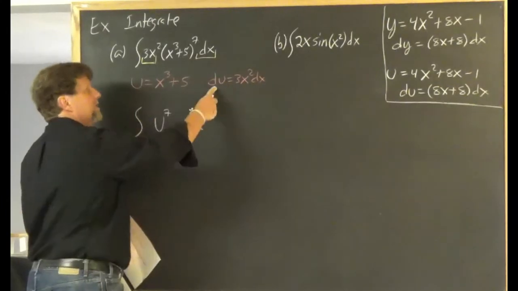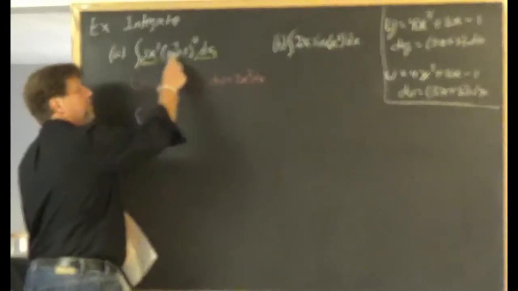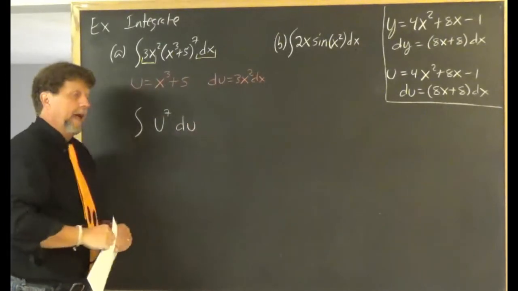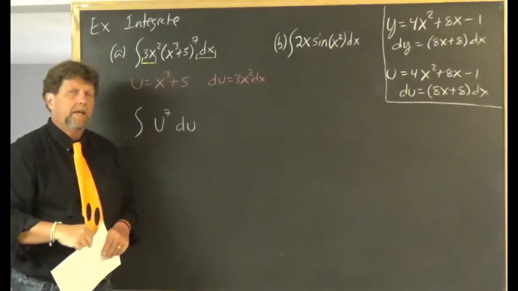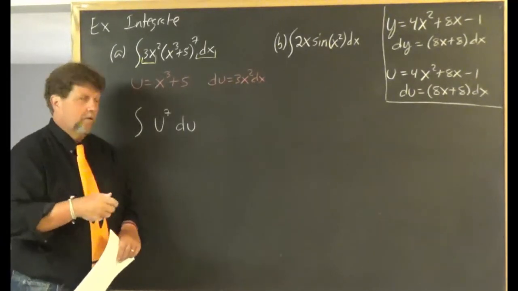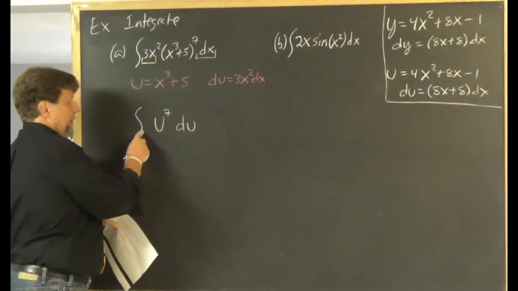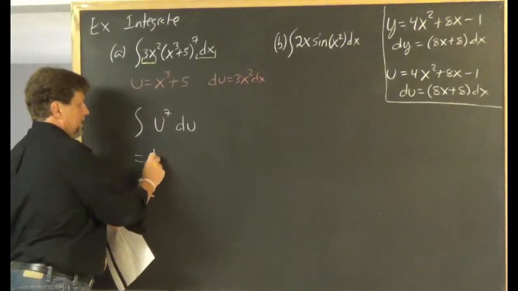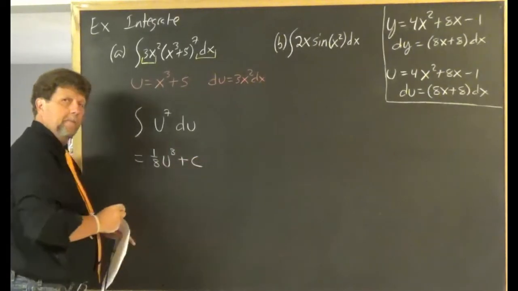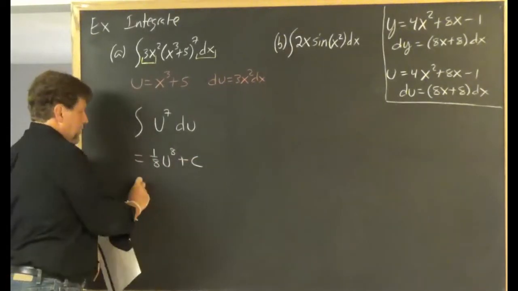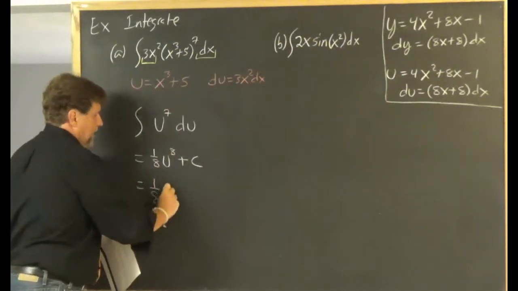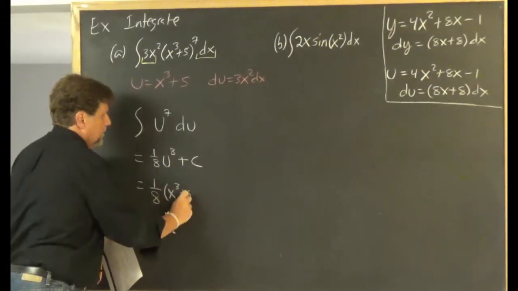So I'm going to substitute du in for the 3x squared dx. That's a pretty friendly integration problem. It's just a straightforward power rule. We know the antiderivative of u to the 7th is 1/8 u to the 8th plus c. Then we resubstitute. U is x cubed plus 5.